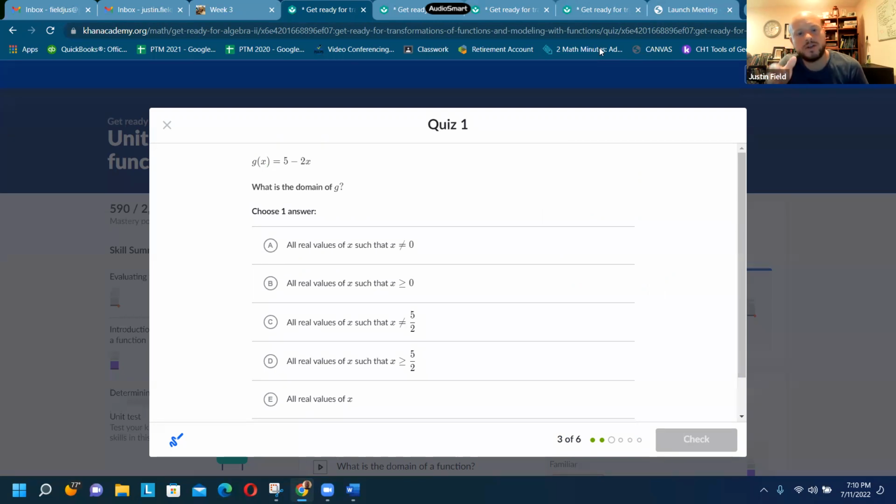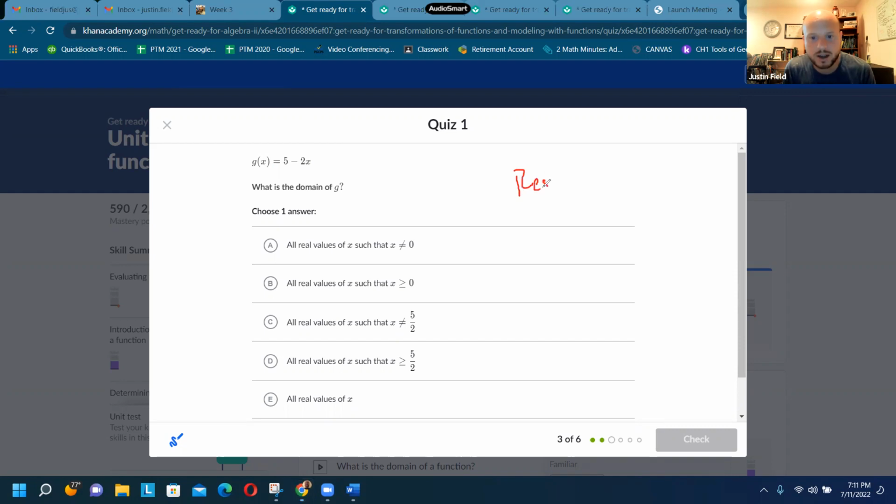Okay, what's the domain of G? So this is a linear function. So let's just talk about restrictions on the domain for a brief second here. Let me type it out. Okay. Restrictions on the domain.